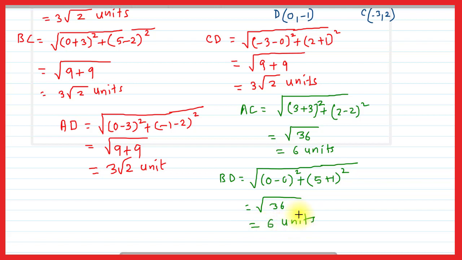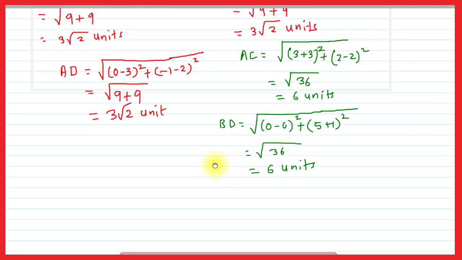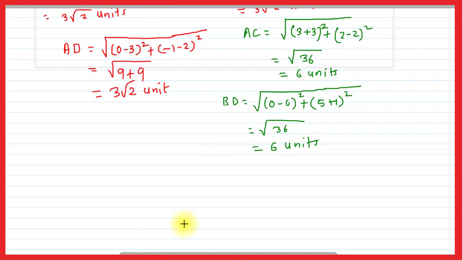And here we see that all the four sides are equal and the diagonals are also equal, that is 6 units, and so we can say that it is a square.